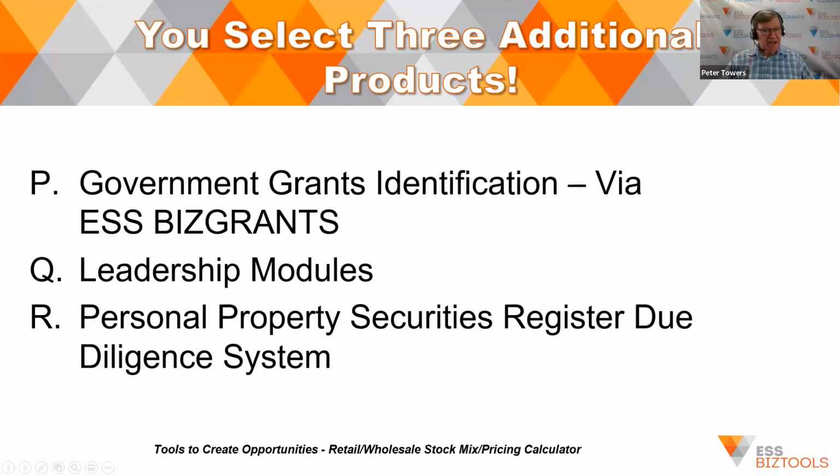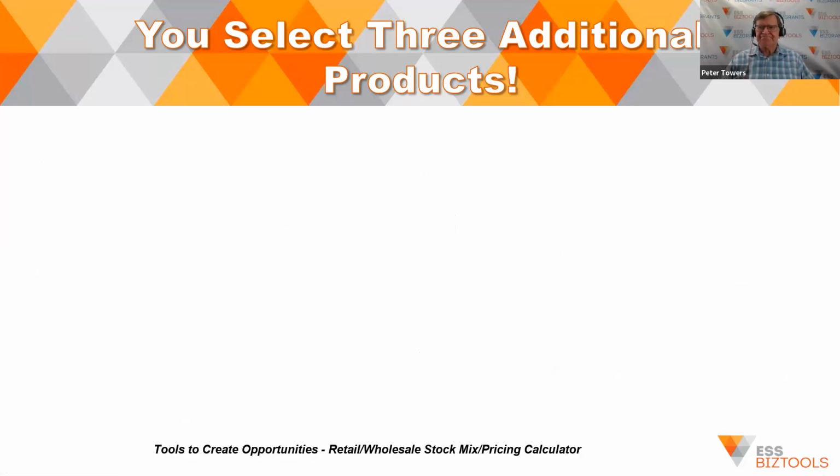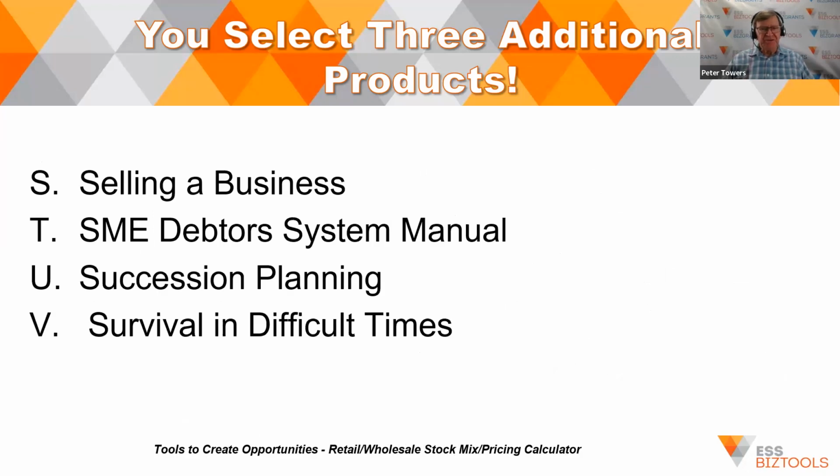Government grants identification through our other product, ESS Biz Grants. Leadership modules, the personal property securities register, which can be a disaster area for clients who are unaware of the problems you can inherit if you don't register on it.